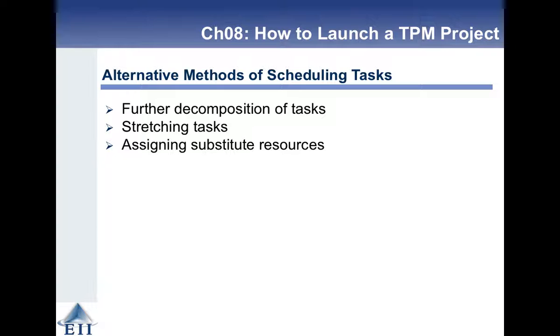So instead of having one 2-week task that has problems being pulled apart, you may want to split it into 3 4-day tasks, or 3 3-day tasks, right? And sometimes you can stretch those tasks, so instead of a full-time 3-day task, you make it into a part-time 5-day task.